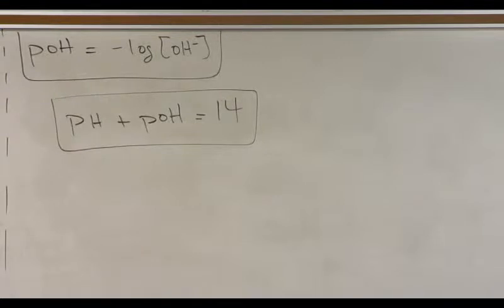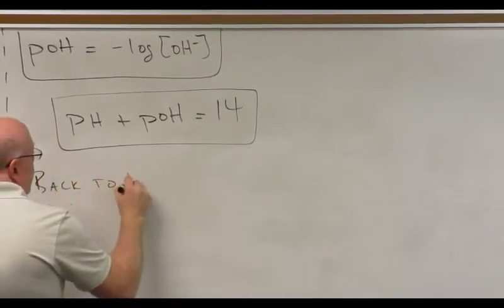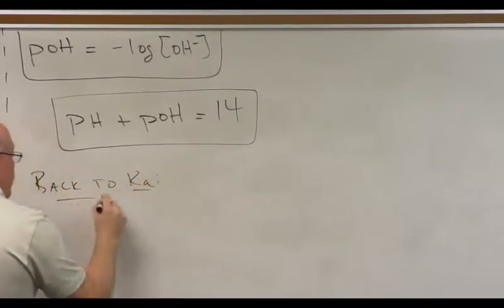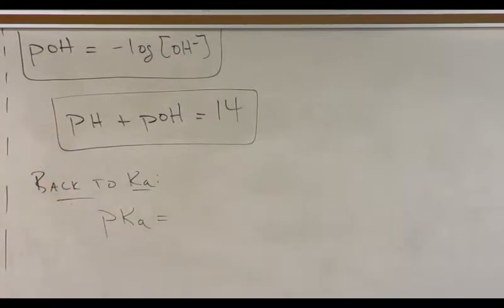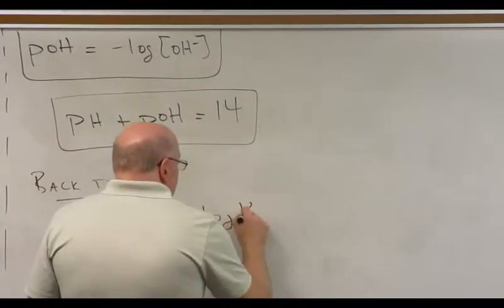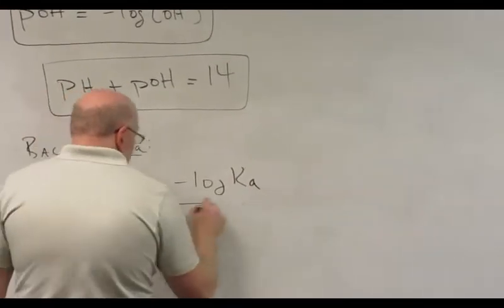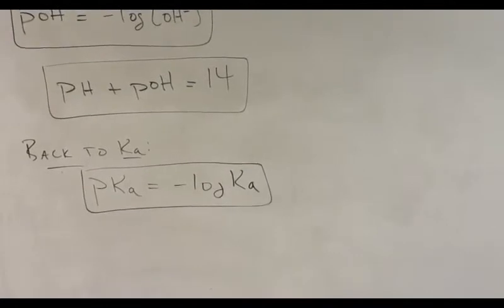One last power function that's useful, we can have pKa. Power function says it's negative log of the Ka. Again, the only reason we do that is because it gives us numbers to look at.